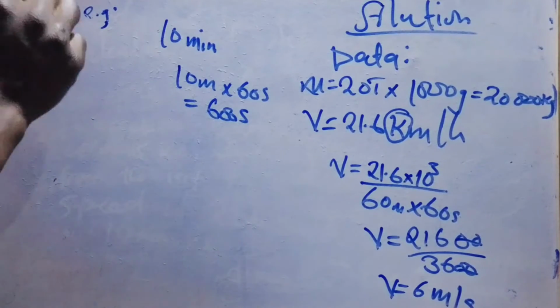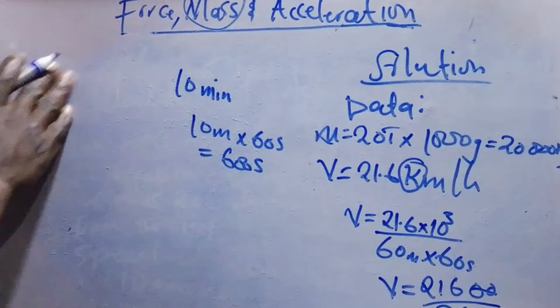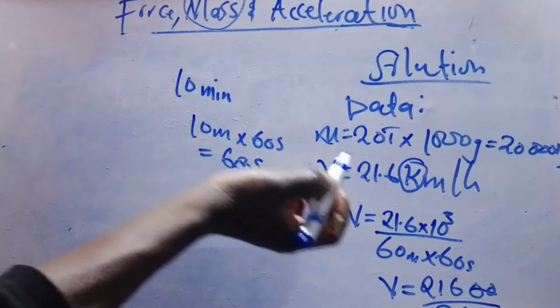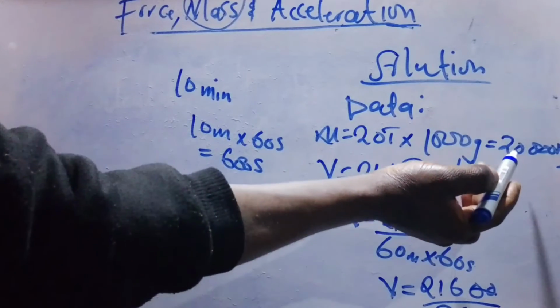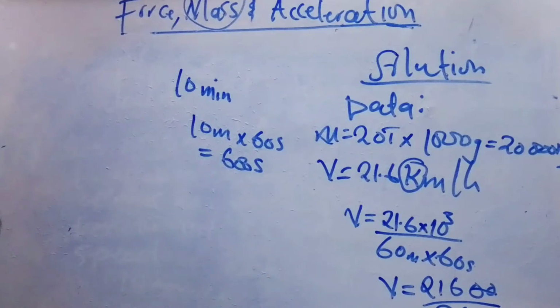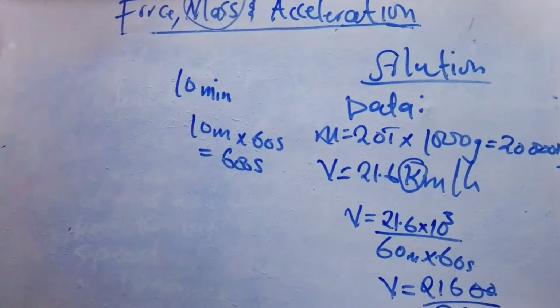So for you to find the force needed to accelerate the boat, which has got a mass of 20 tons, approximately 20,000 kg, you have to find the acceleration first by using a linear motion equation.